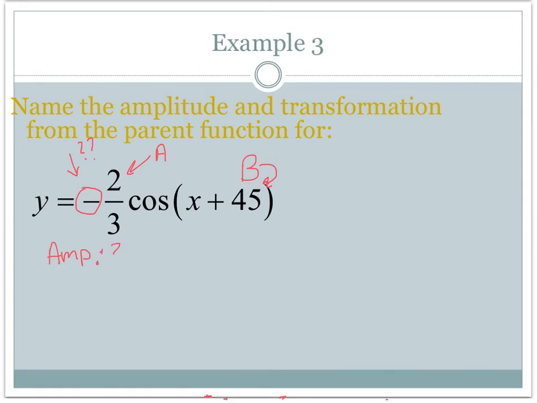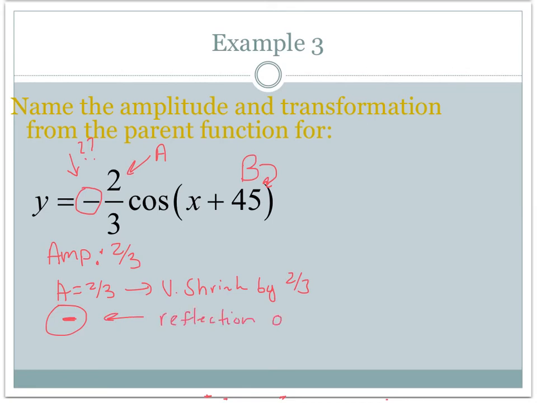So I got the amplitude is 2/3. So that means A is equal to 2/3. That means that it's going to be a vertical shrink by 2/3. But what does that negative do? Because technically the amplitude is positive, but A is negative. That negative value, I'm just going to circle it, that is going to cause a reflection.